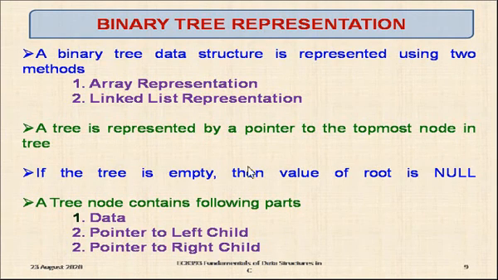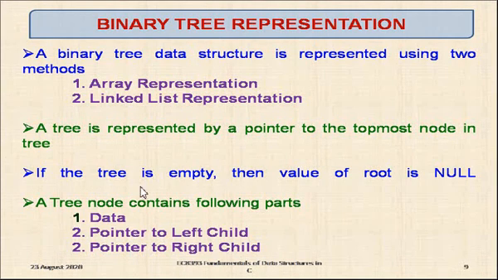So the root of the tree should start at one memory location, no? So we can point to the root of the tree with the help of the pointer. Similarly, the subsequent nodes can also be pointed to with the help of pointers.